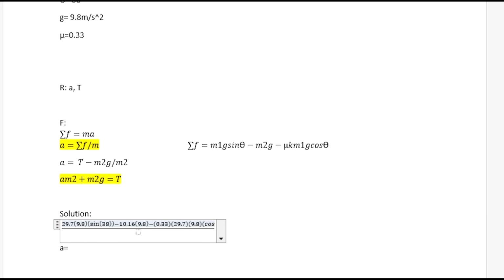So cos 38, all over the mass, which is 29.7 plus 10.16.